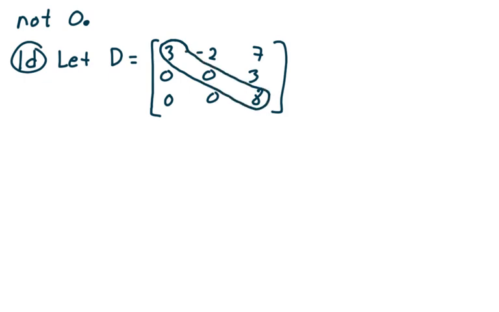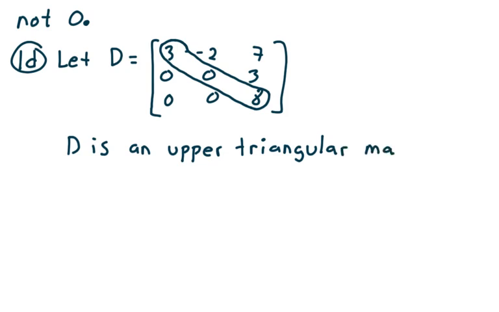So I always circle the entries along the main diagonal. The entries below the main diagonal are 0, right? And so if the entries below the main diagonal are 0, D is an upper triangular matrix.